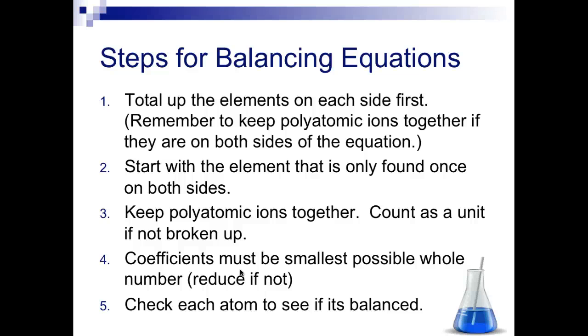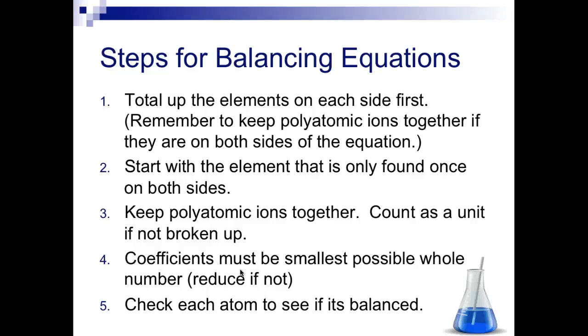For example, if nitrate, NO3, is together on the left and on the right, you want to balance that as a whole and it will make your life a lot easier. Coefficients must be in the smallest whole number possible. So if, when you look at all your coefficients, they can be reduced, you have to do so. And then you're going to check each atom to see if it's balanced.